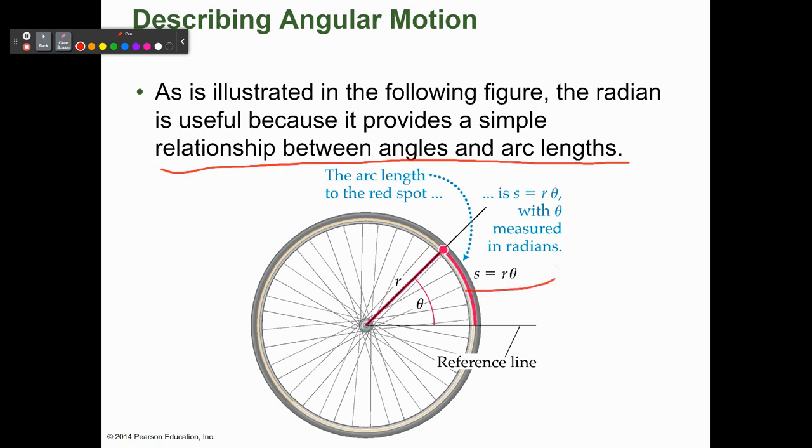And this is our relationship. That's one of the first equations that they're going to be using in this chapter. Okay. So if we multiply the radius of the circle times the angle, that will give us our arc length. Okay. So make sure you have that written down as well.